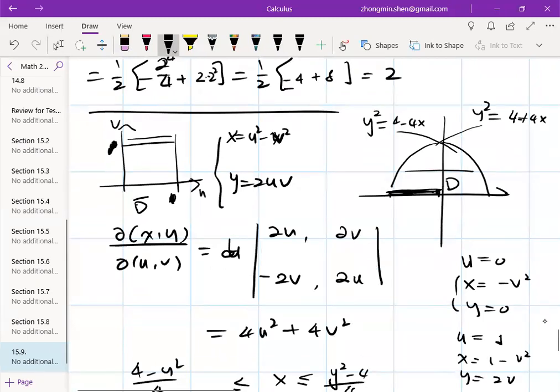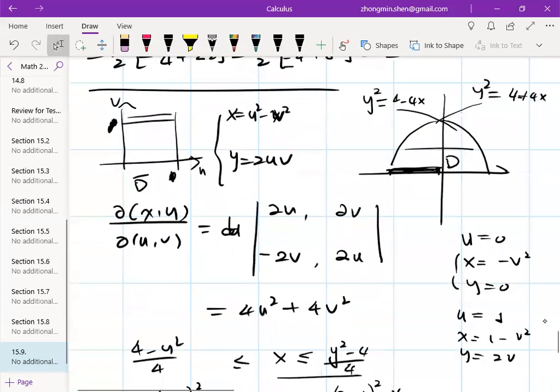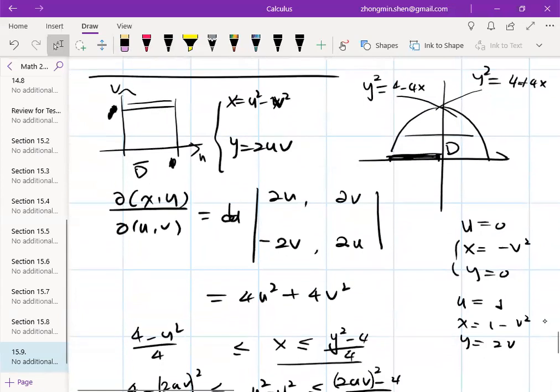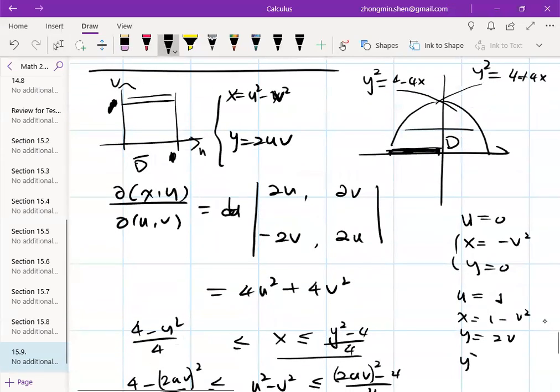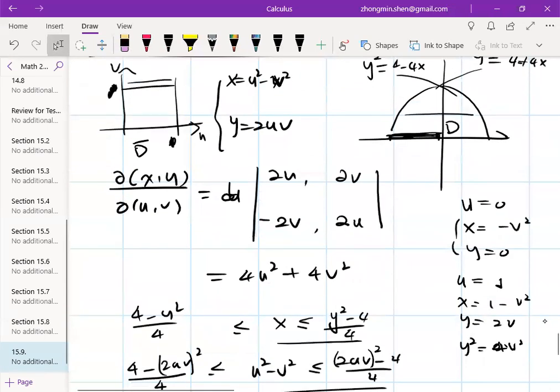So you will see that y squared is going to be 4v squared, right?